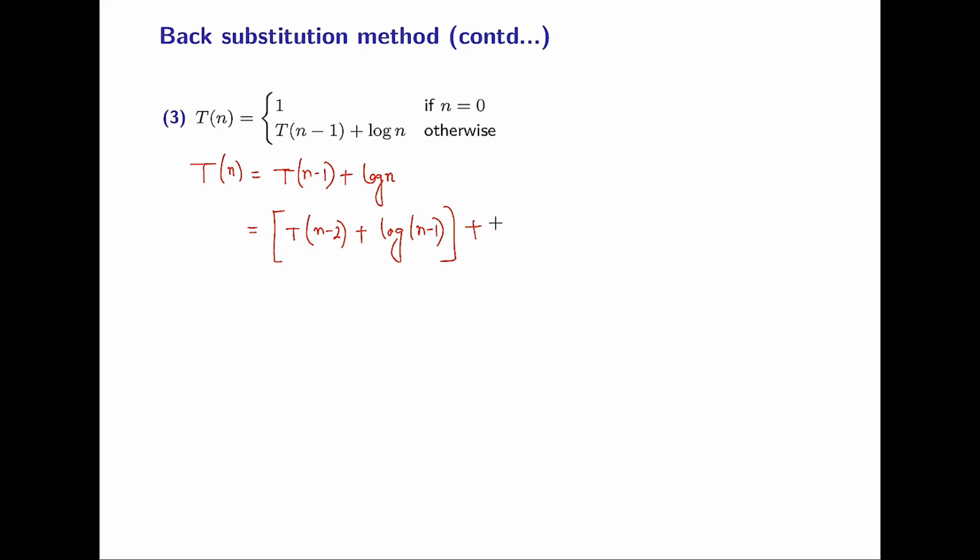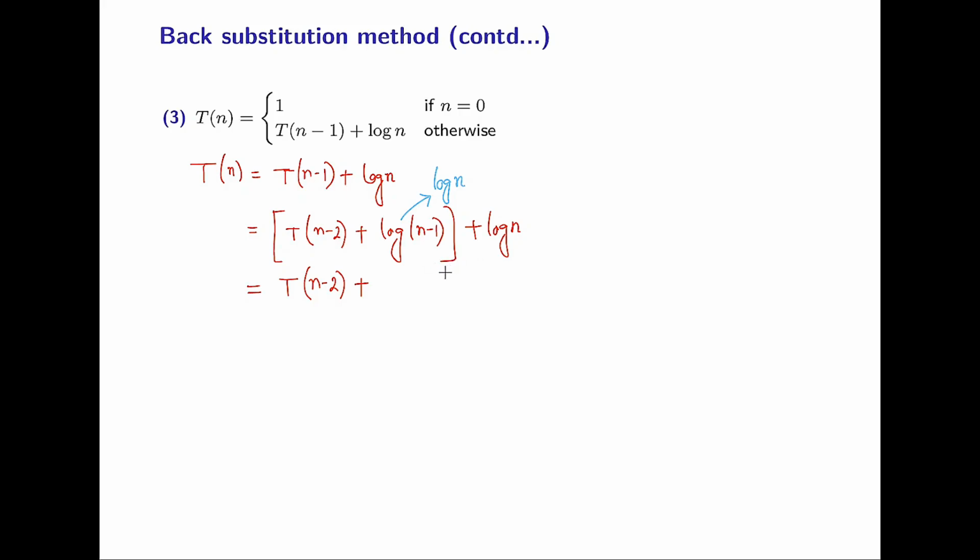Now you just write this log n here. So T(n minus 2) plus, for simplicity we will not write log(n minus 1), log(n minus 2) like that, because asymptotically we are going to provide the solution here. So in place of log(n minus 1), I will directly write log n, approximating in that way.